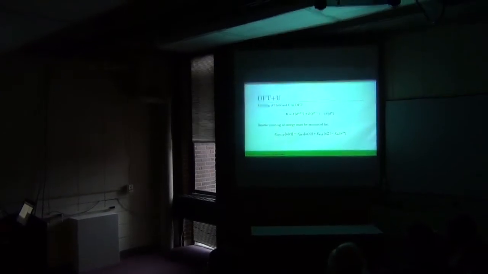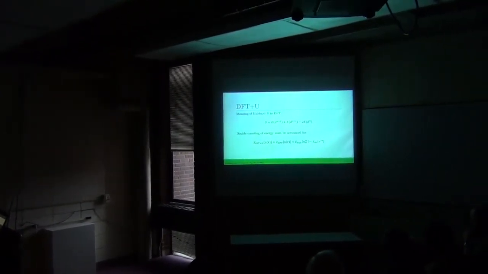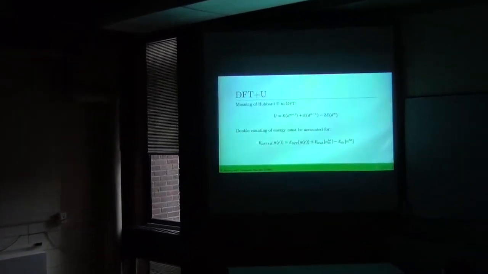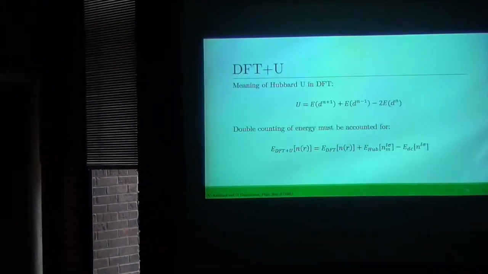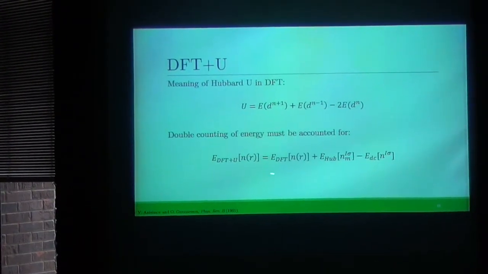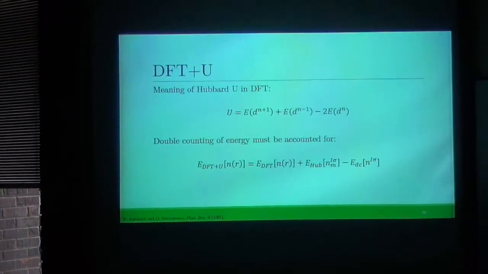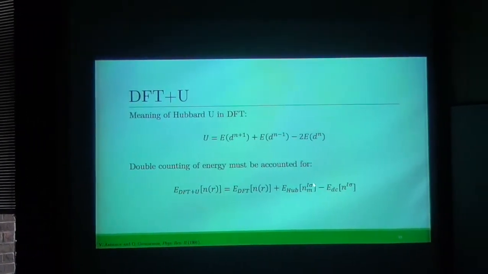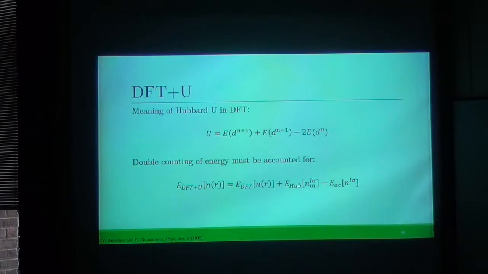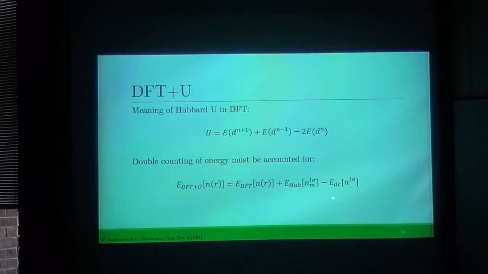So we're going to augment our density functional to include this term here. We're going to consider the original functional that we're going to be using, and add to it this Hubbard term that's going to represent the cost of adding an electron due to this U. Then we also have to consider a double counting term.